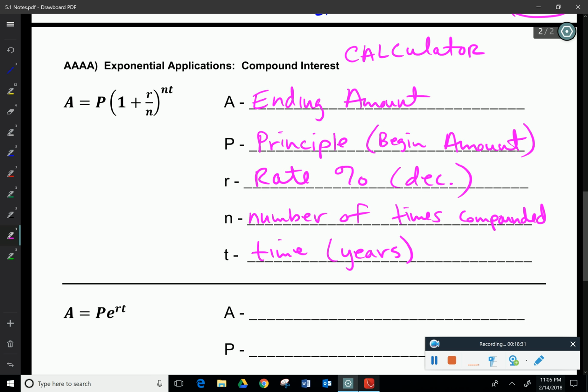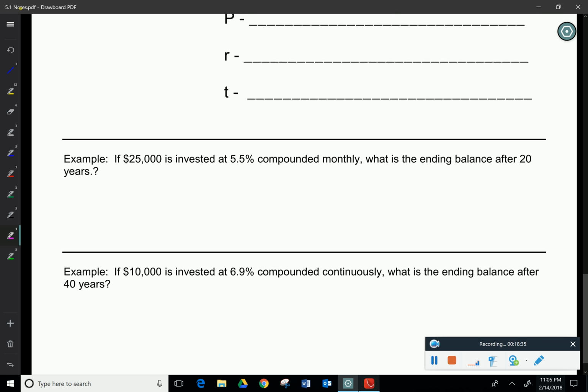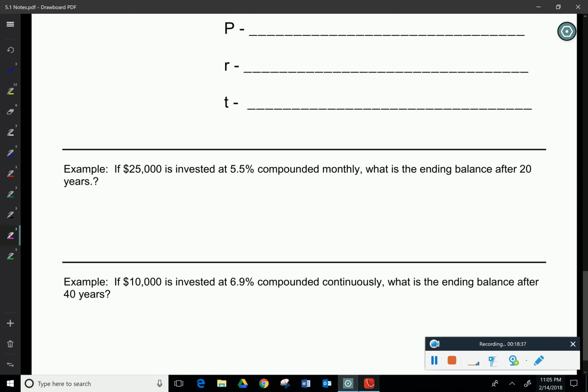Okay. So I'm going to skip down to where we have an example. Take a look at this first example. It says if 25,000 is invested, so that's our beginning amount, so there's our P, at 5.5%, so there's our R. And remember, we're going to write it as a decimal, so we're going to think of it as 0.055.